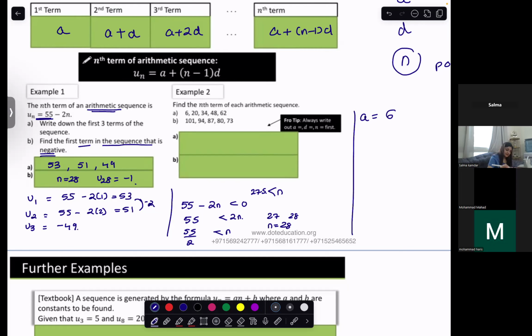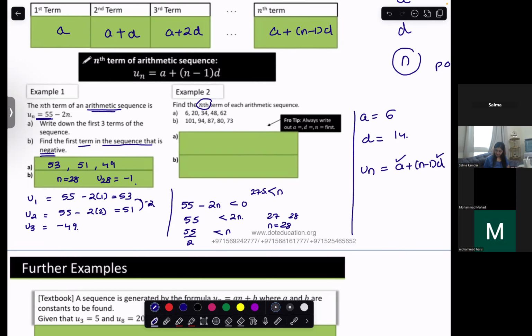So A is equal to 6 and D is 14. The nth term would be A plus n minus 1 D. I can just plug in the values of A and D and I would arrive at my nth term.